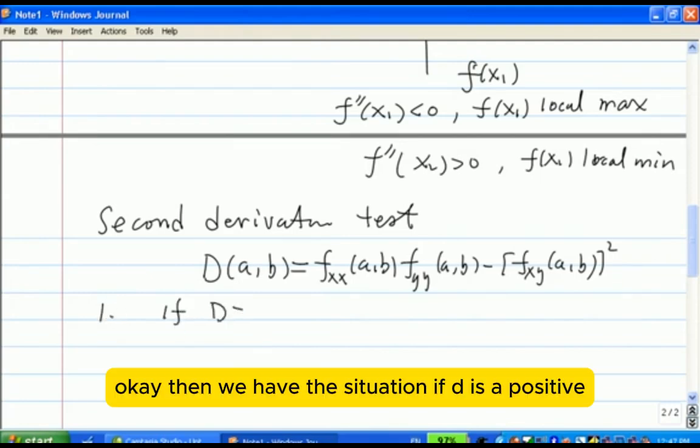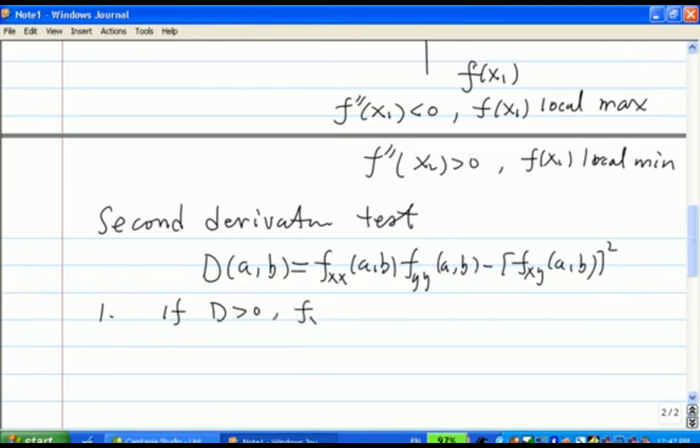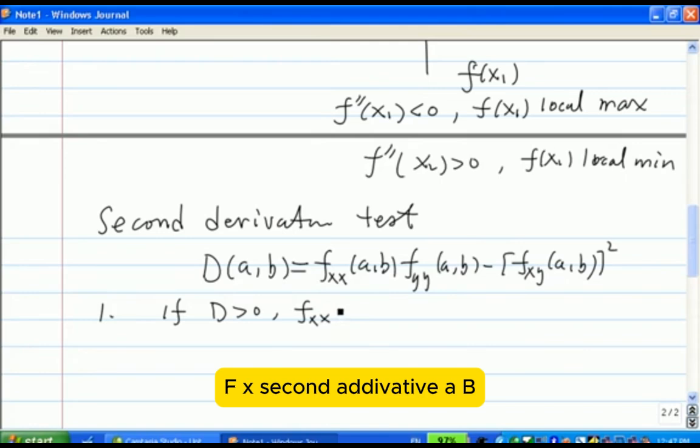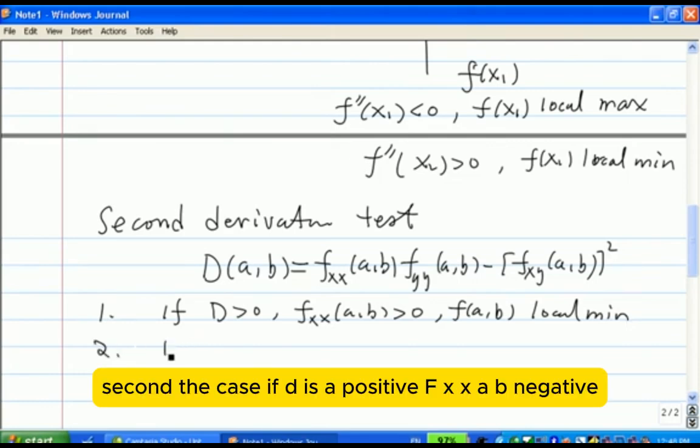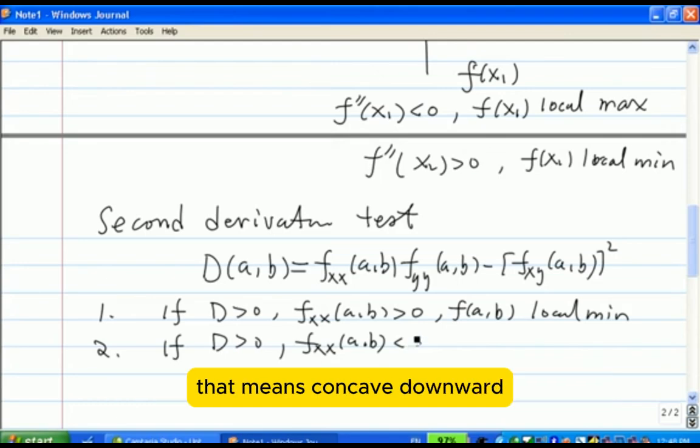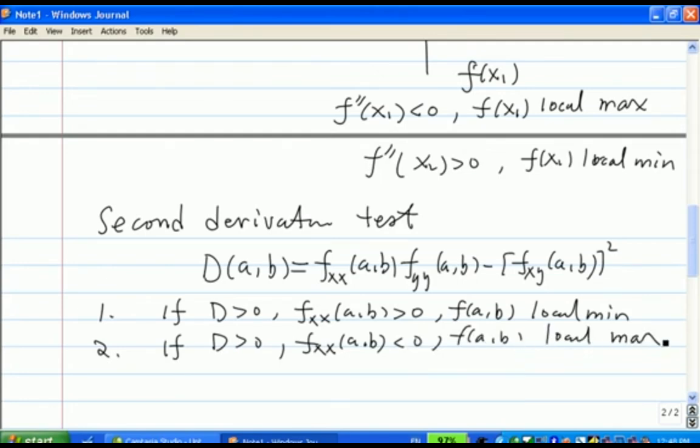If D is positive, and f_xx(a,b) is positive, then f(a,b) is a local minimum. Second case, if D is positive and f_xx(a,b) is negative, that means concave downward, then f(a,b) is a local max.